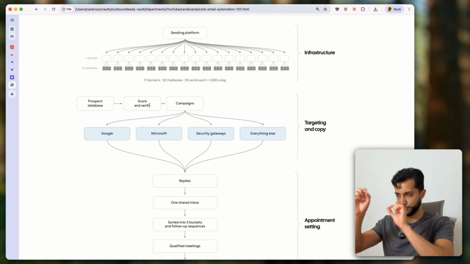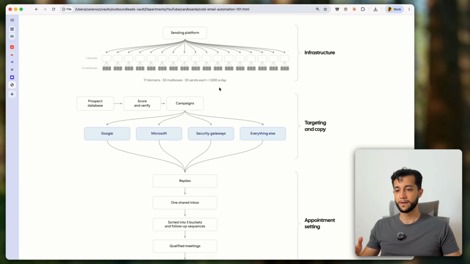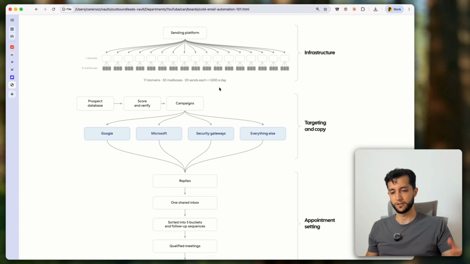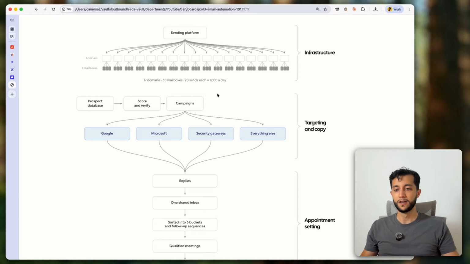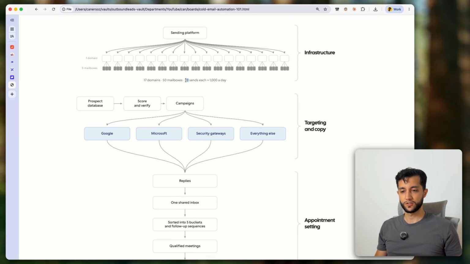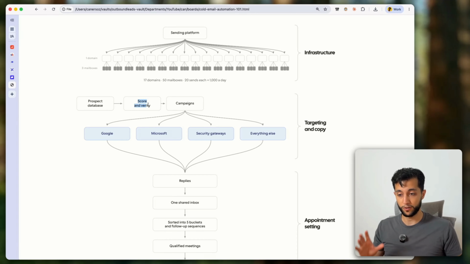So we might as well pre-qualify so we're not wasting our sending capacity of 1,000 a day, in this case, on non-ICP-fit prospects. And ICP means ideal customer profile, right? If they don't fit your ideal customer profile criteria, we don't need to email them, so we can just save on that. We can make our campaigns more efficient just by scoring and verifying them before we actually reach out to them.